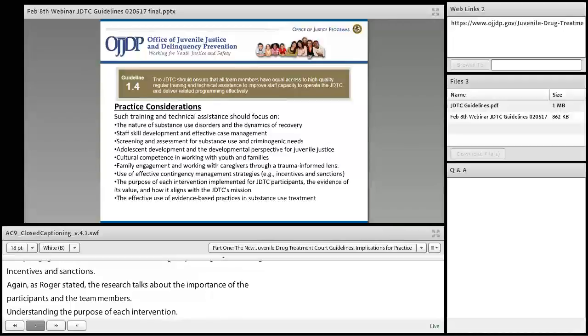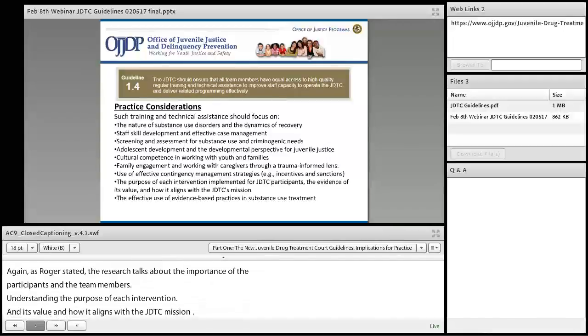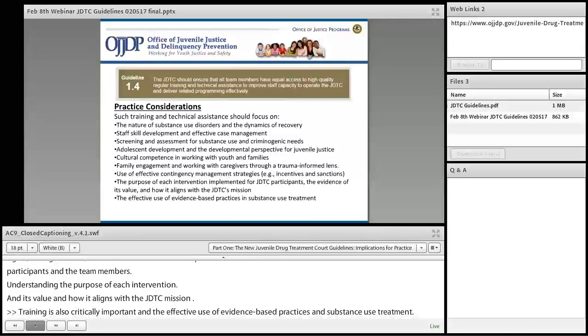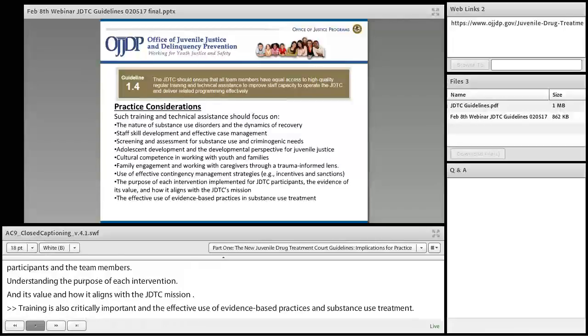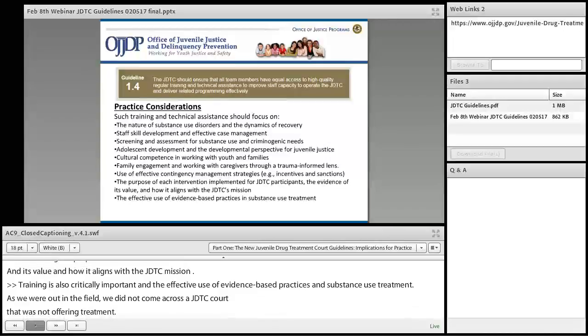Training is also critically important on the effective use of evidence-based practices in substance use treatment. As we were out in the field, we didn't come across a juvenile drug treatment court that wasn't offering treatment. The big question became how many were offering treatment that was evidence-based. So training around that is critical.